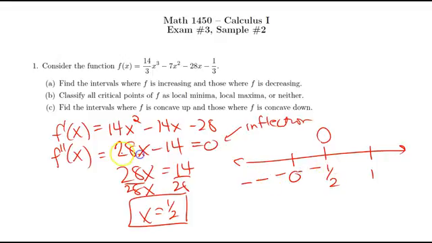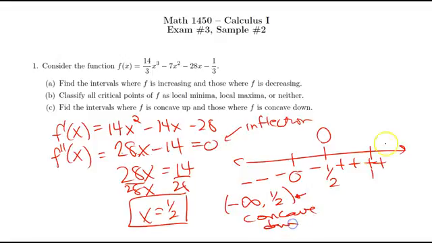If I plug in a 1, 28 minus 14, that makes this positive. So minus means concave down. So from negative infinity up through 1/2, you double check about that, this is concave down, right? And then from 1/2 to positive infinity, it's concave up. All right, that one's pretty basic.